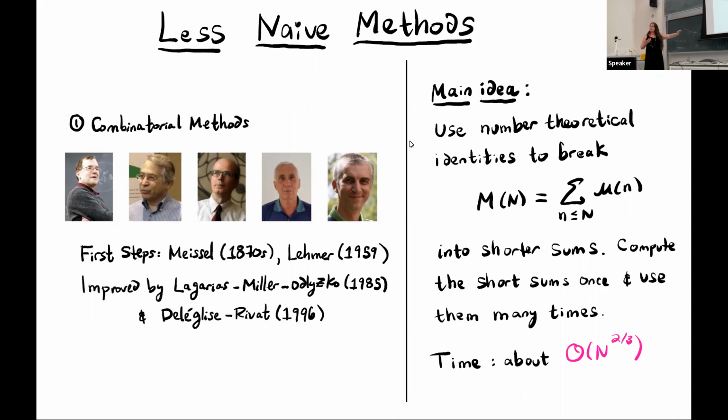All of these use the same general idea, where you use some kind of identity to break a sum of values of mu of n into shorter sums. And then you try to reuse the short sums as much as you can. This gives us a time, in the Deléglise and Rivat paper, of about big O of n to the 2/3. So that's one line of thought that's been taken in trying to work on these problems.